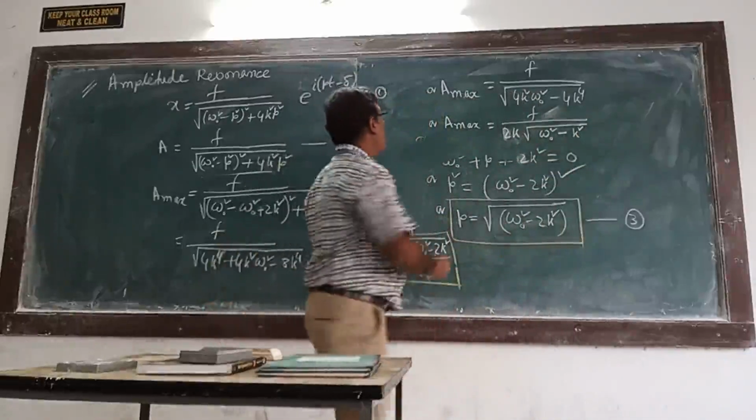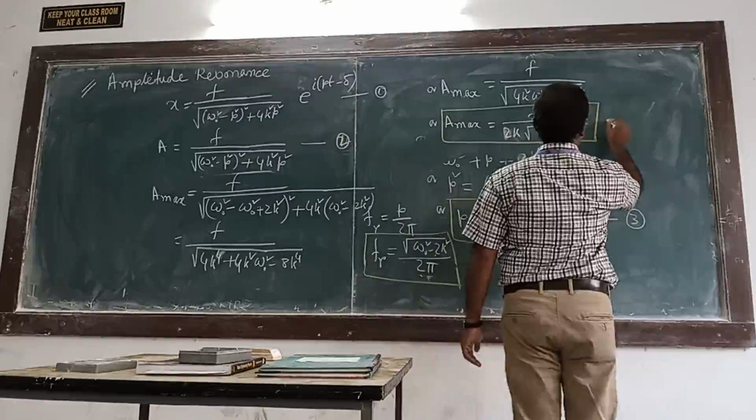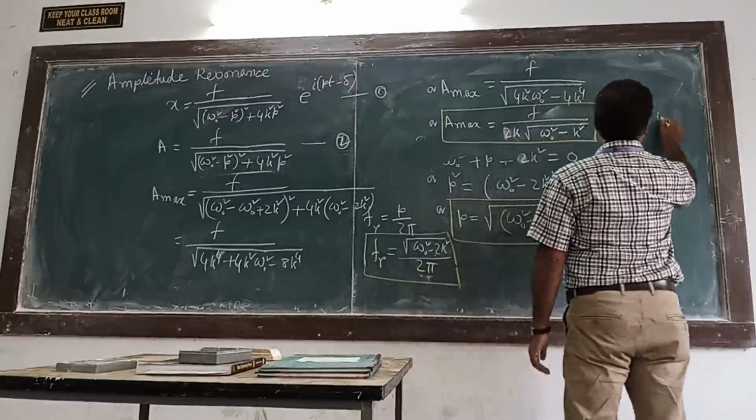So this is the maximum amplitude of the forced vibration, equation number 4.